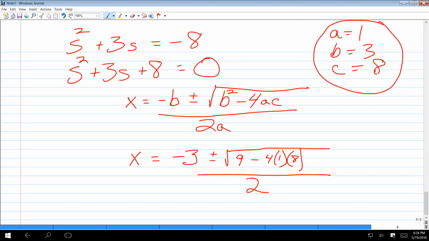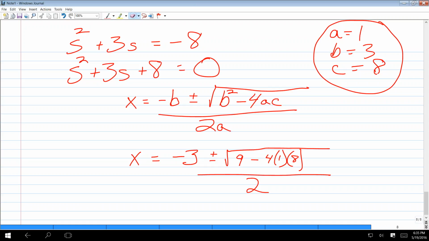Have you had imaginary numbers? I don't think so. Why are they giving you this problem? Because this problem produces only imaginary solutions. This problem has no real solutions, and the way I can tell is what's going to be inside the radical. It's going to be 9 minus 32, which is negative 23.